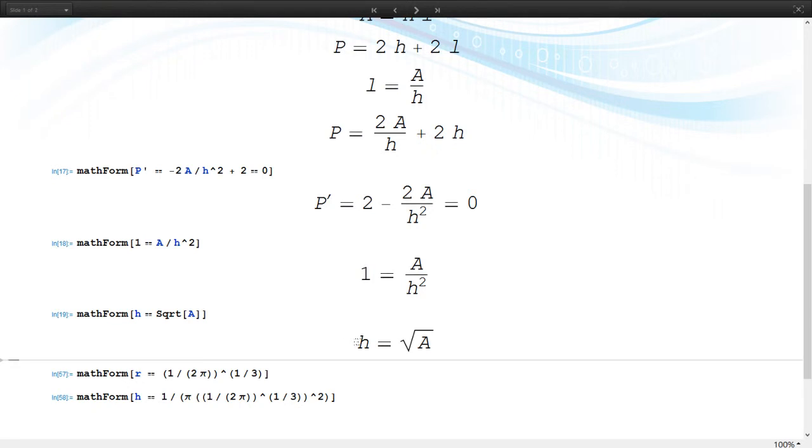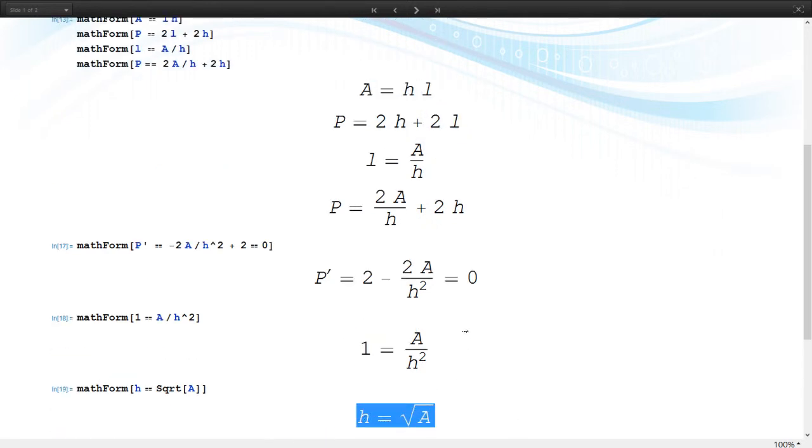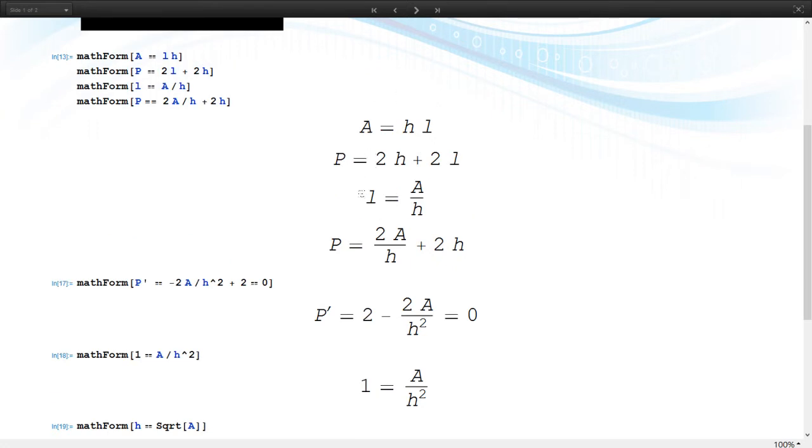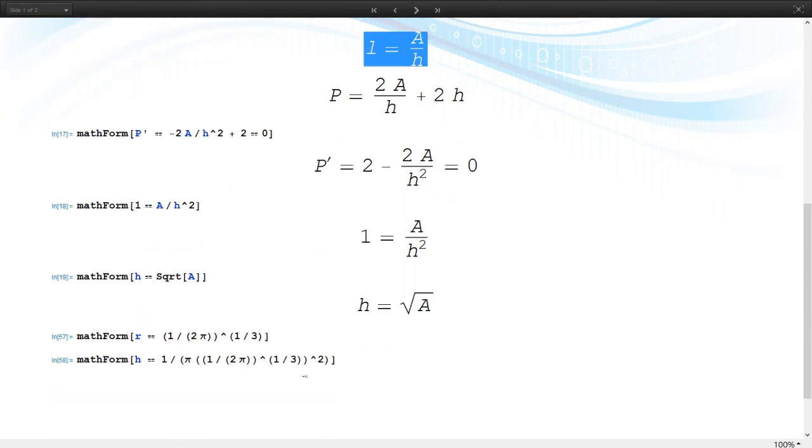We will now plug this h equals square root of a into our L equation. So we get that L is equal to the square root of a over a over the square root of a, which is a over h.